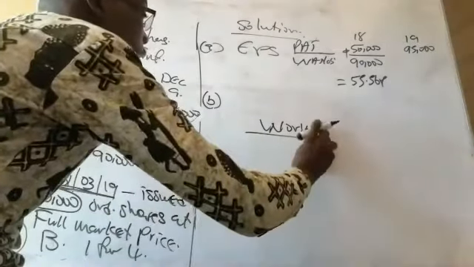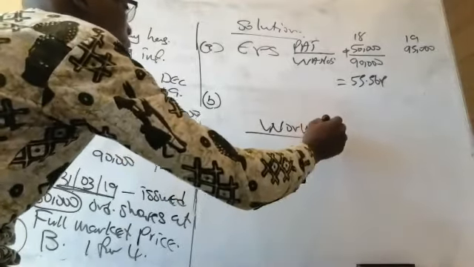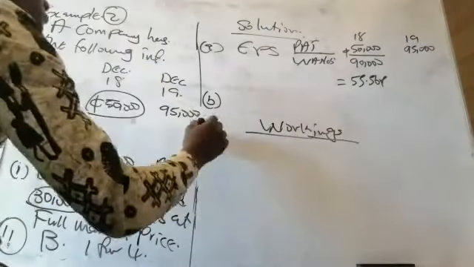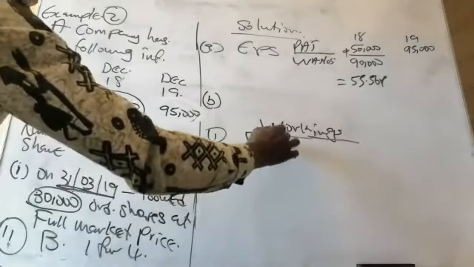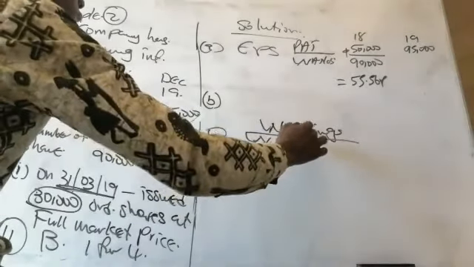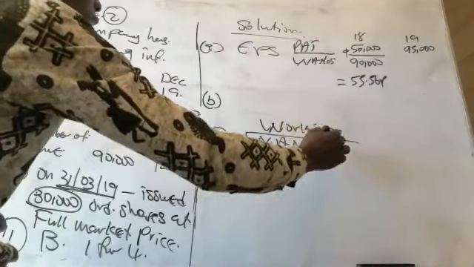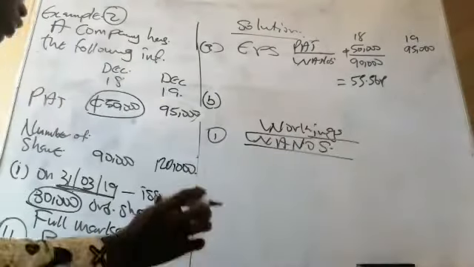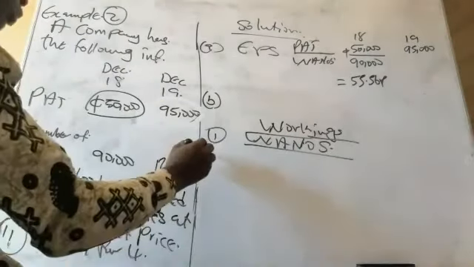So that will give us something like this. The first one is the weighted average number of shares. As usual, keep the table short.